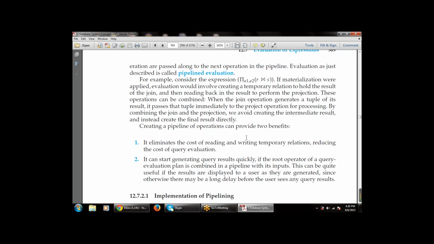The next benefit is that it can start generating query results quickly if the root operator of a query evaluation plan is combined in the pipeline with its input. So whatever query is given is carried out quickly by using the pipelining method.